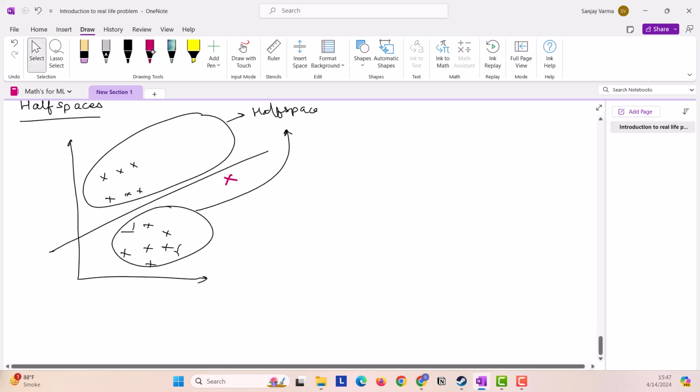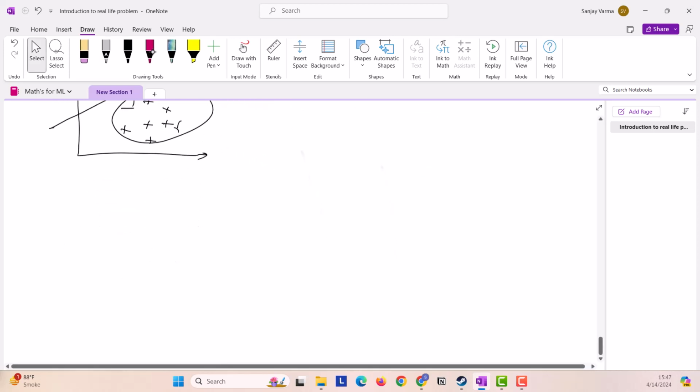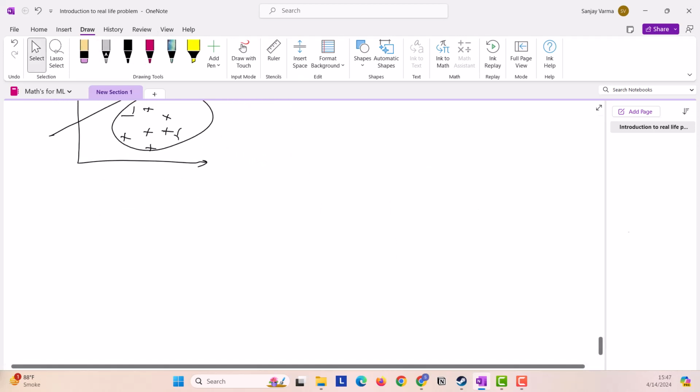Let's say you have a point x1 comma y1. The equation of our separator is y equals mx plus c. On inserting the values of x1 and y1, we will have three different possibilities. So let's explore those possibilities.